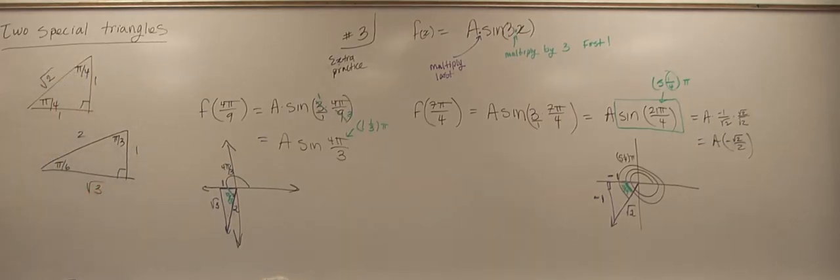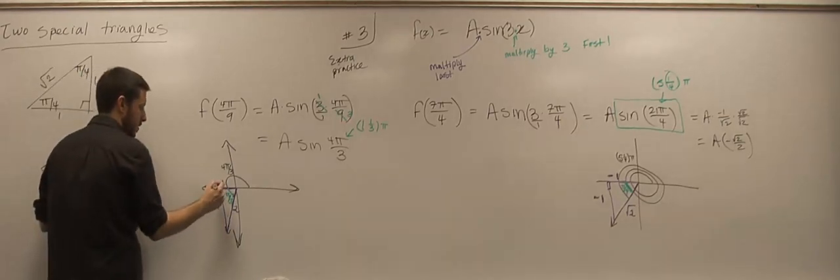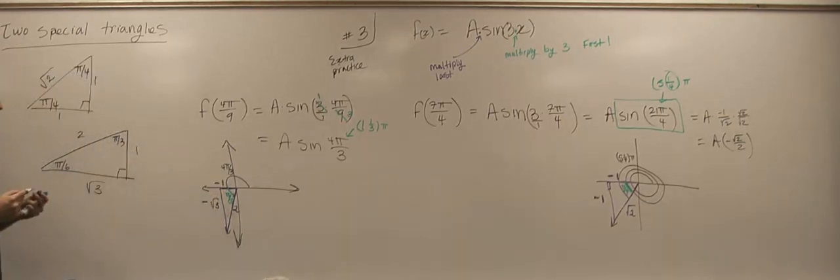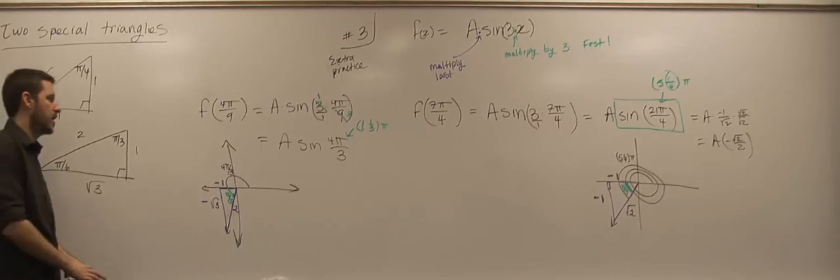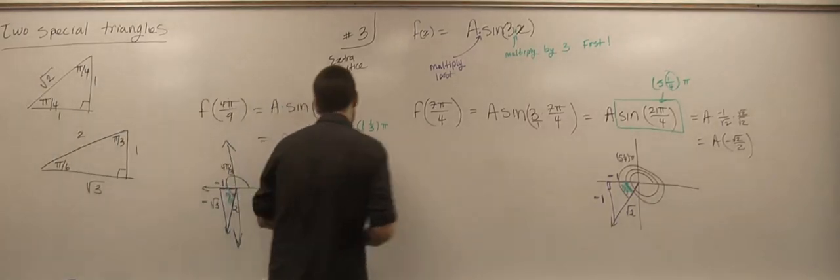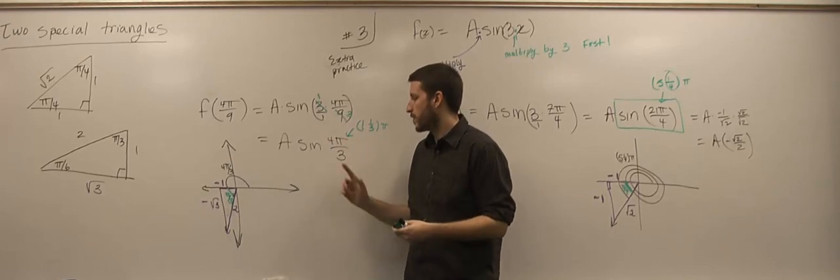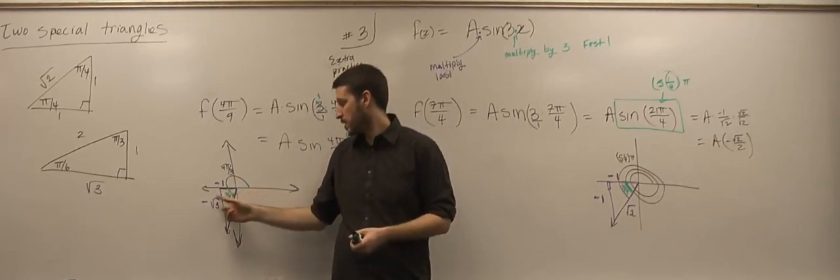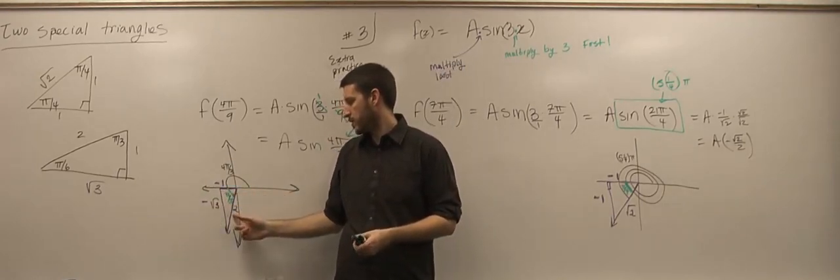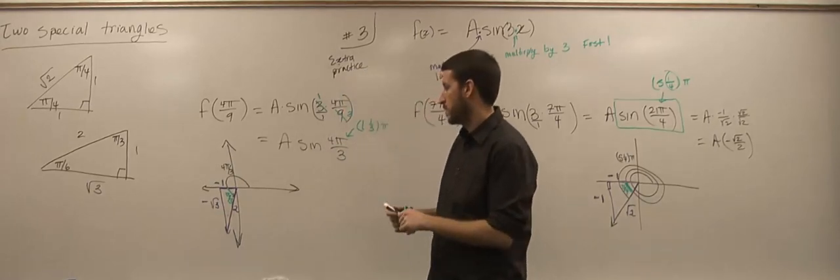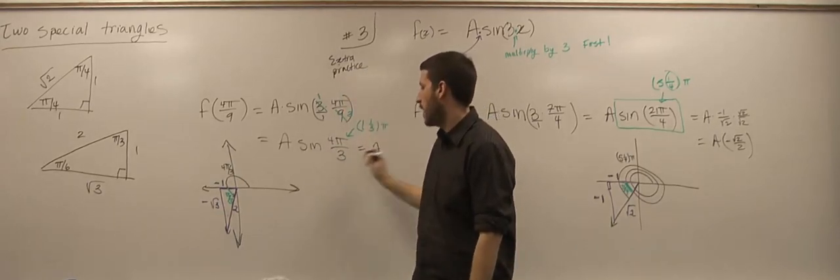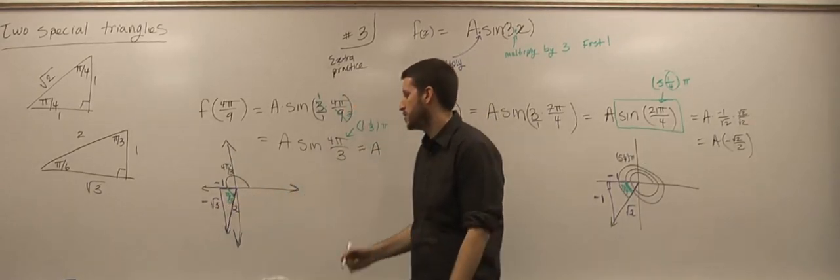Negatives? Absolutely negatives, because we're in the third quadrant. Don't forget those signs, those are very important. So then sine of 4 pi over 3 will be opposite over hypotenuse. Opposite is negative root 3, hypotenuse is 2.